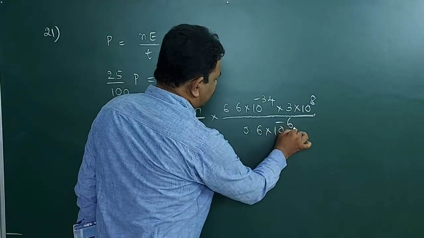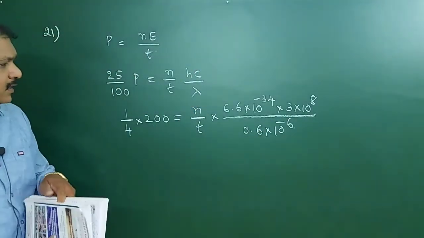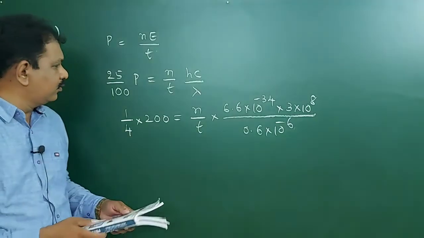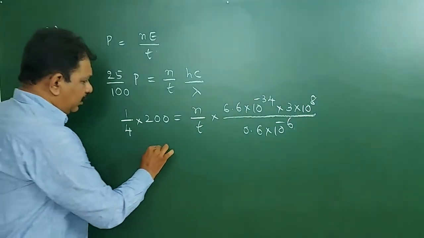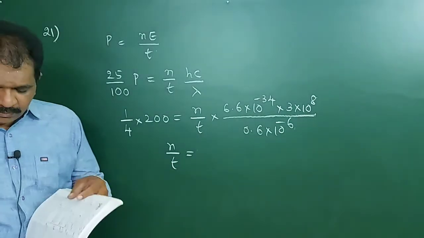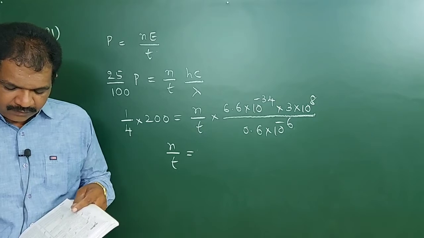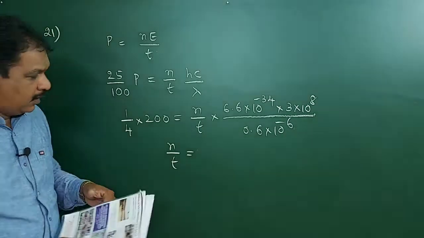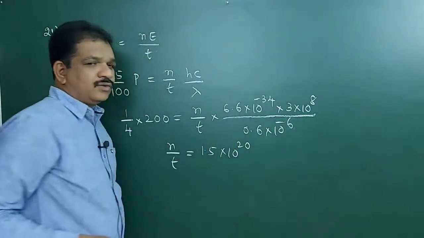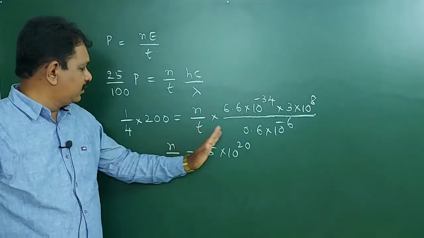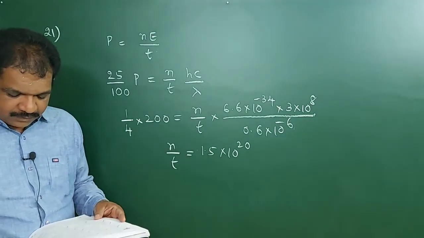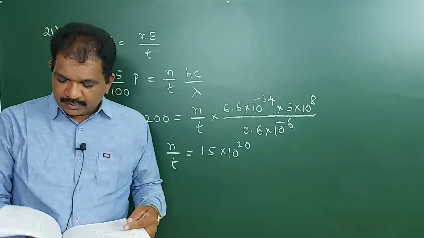If we calculate this value, finally we will get N by T as 1.5 into 10 power 20. Do the calculations, all of you. Clear? Next, after completion of this, see problem number 22.